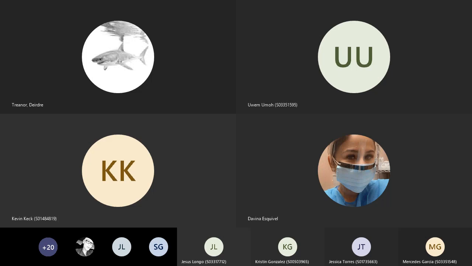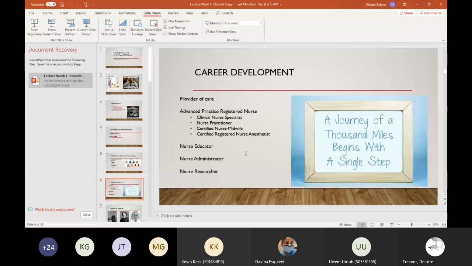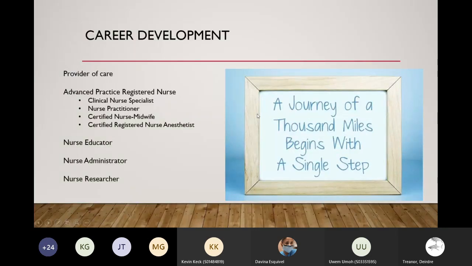I like my shark. All right, can you guys see it now? Okay. Not sure what happened. It fell asleep. I don't know.